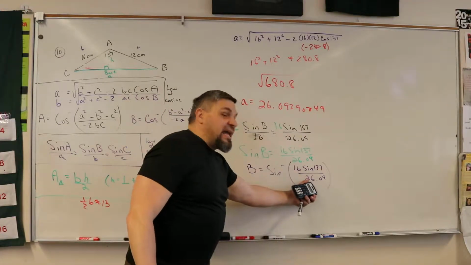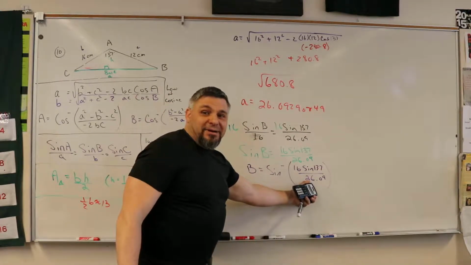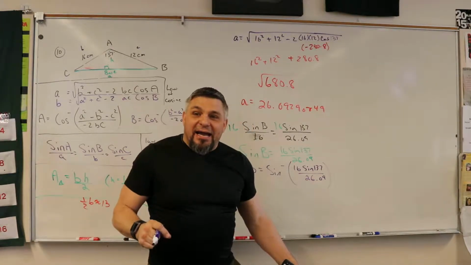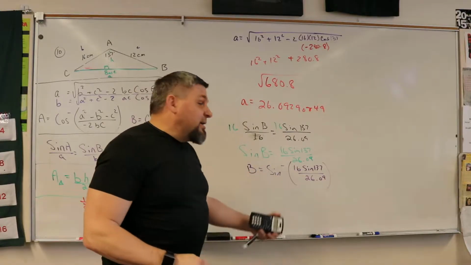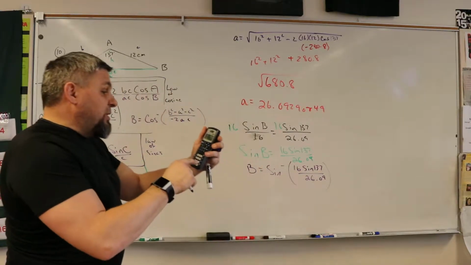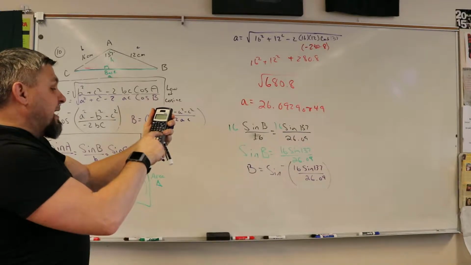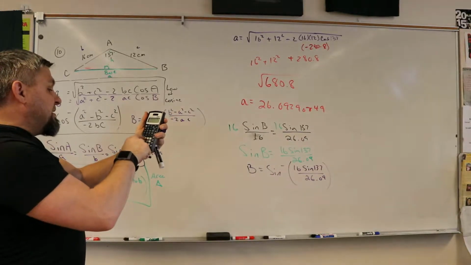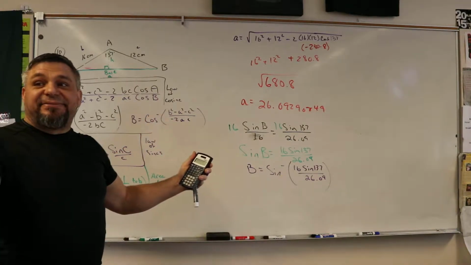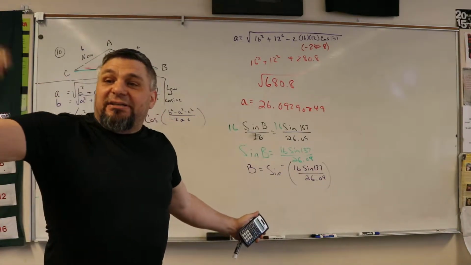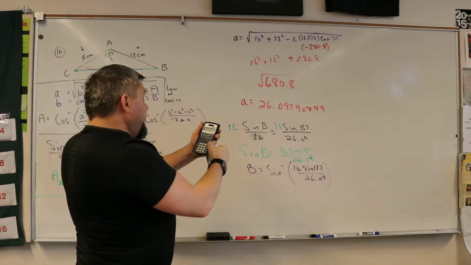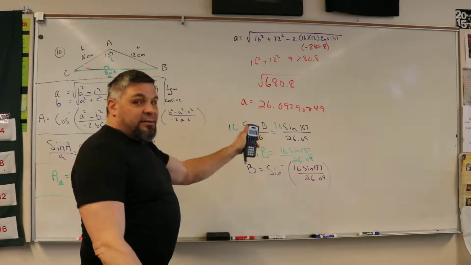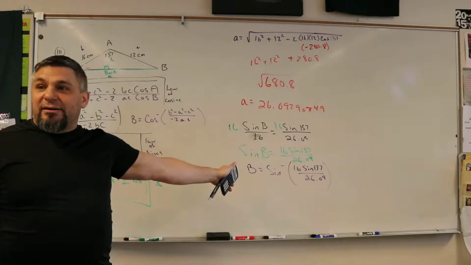Well, I already have that in my calculator. Right? So I can say 16 times sine 137. So you go 16 times the sine of 137 in the parentheses and then divide by the answer, because we just had the answer in there.